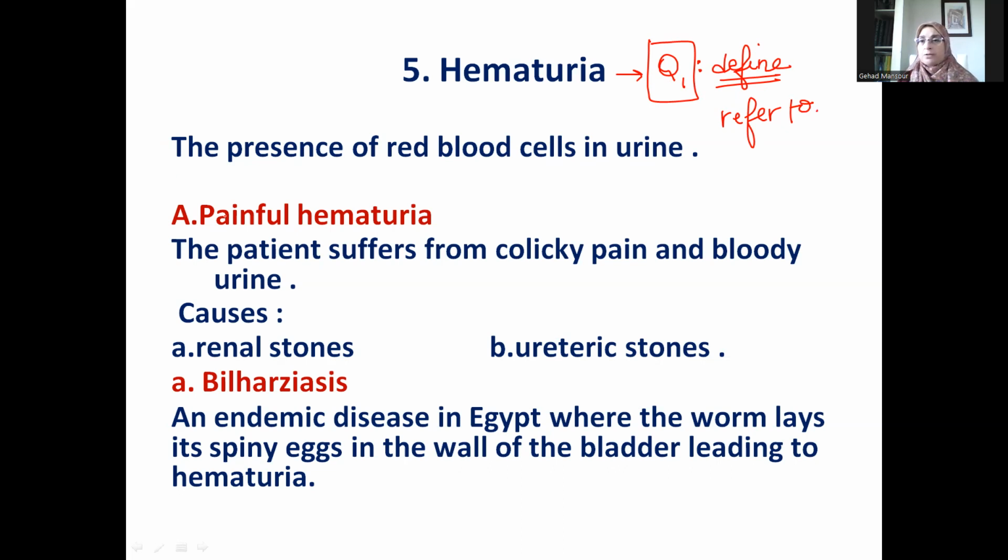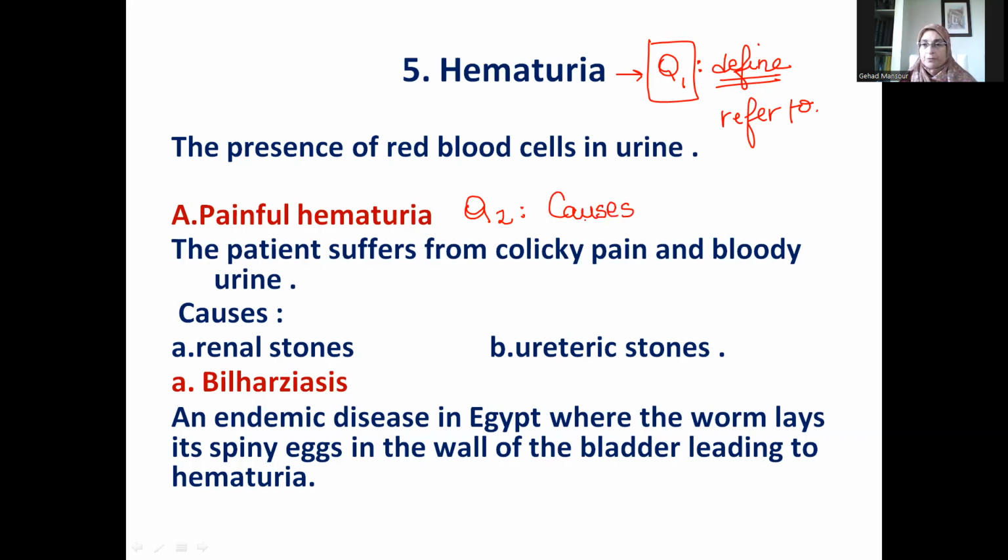Then I might ask you about, for example, the causes of hematuria. Of course, I never ask you about the causes of hematuria in general, but I might specify, for example, discuss the causes of painful hematuria.